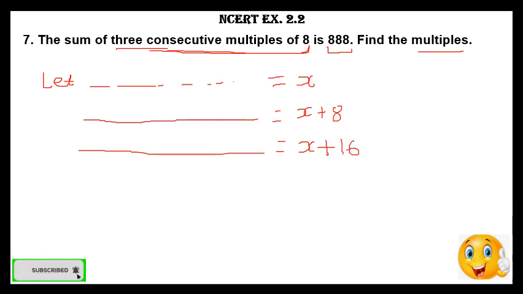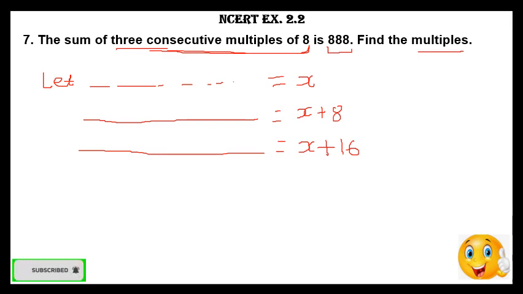We know that multiples of any number come in the table of that number. x is a multiple of 8, so x can be divided by 8. The next number which can be divided completely by 8 is x plus 8, and next to it we have x plus 16.